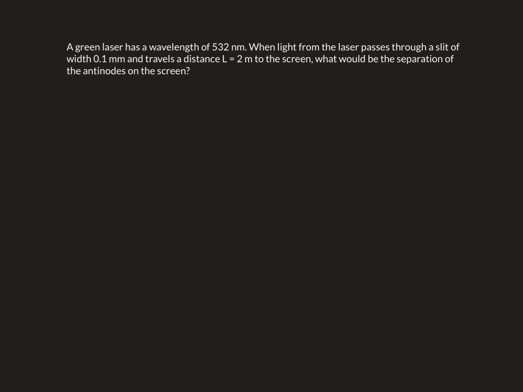Okay, so in this question we were talking about a wave with 532 nanometer and a slit of width 0.1 millimeter and distance 2 meter. The one we looked at was the double slit, where we have two slits and interference by waves going through them, and this is d, this is L and this is y.